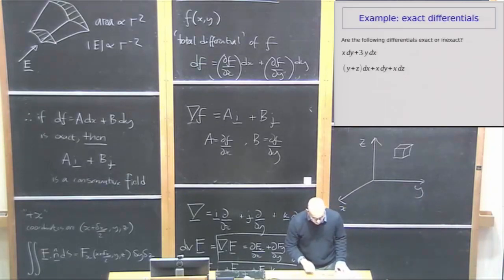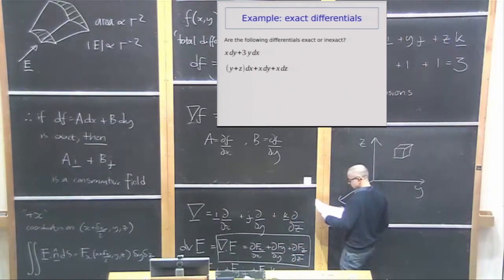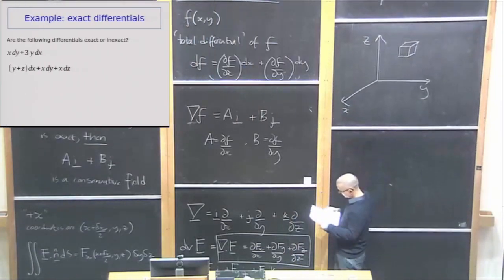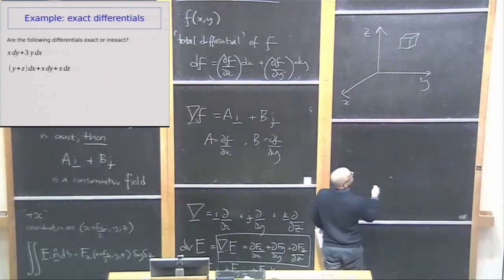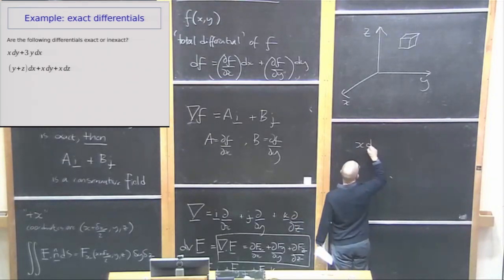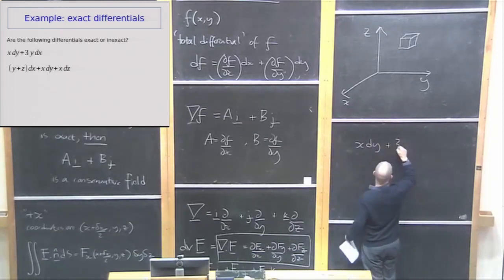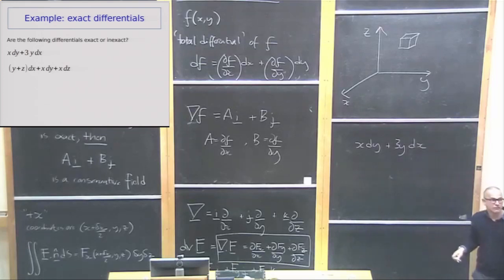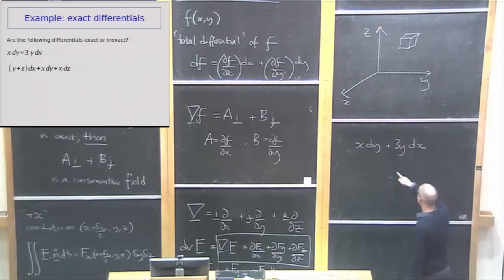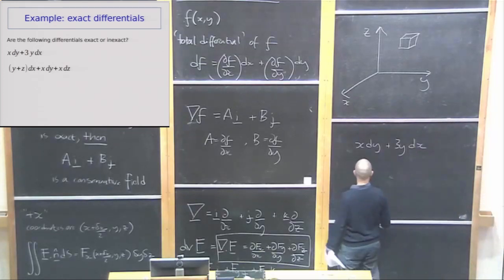So let me very quickly run through a couple of examples to wrap up the lecture. Are the following exact differentials: x dy plus 3y dx? I've played an extraordinarily cunning trick on you here, and I've put the dy term before the dx term.